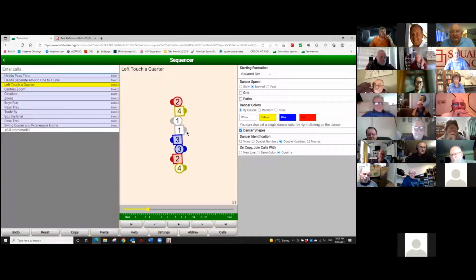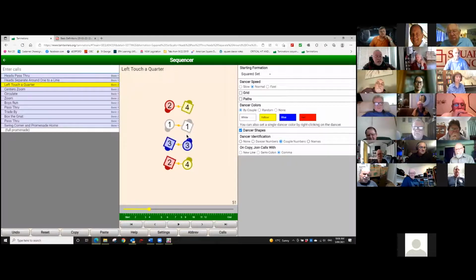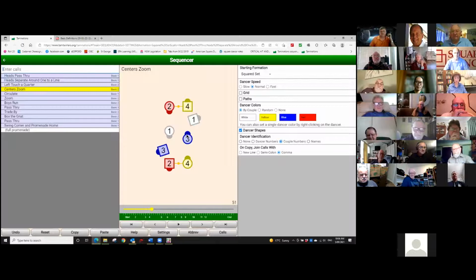Blending into the star through and just the boys, or star through and the center zoom, has the boys blending away right there, so they're not actually finishing the star through. The left touch a quarter has the flow. It's going in the correct direction. If the left touch a quarter is finished, it's an awkward direction change.